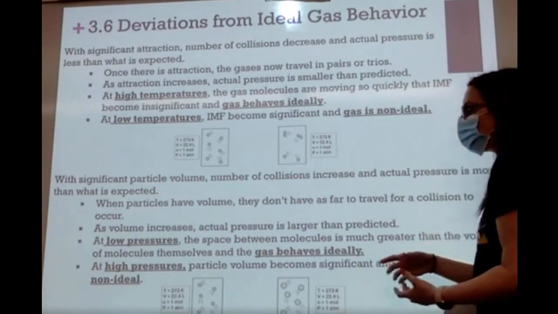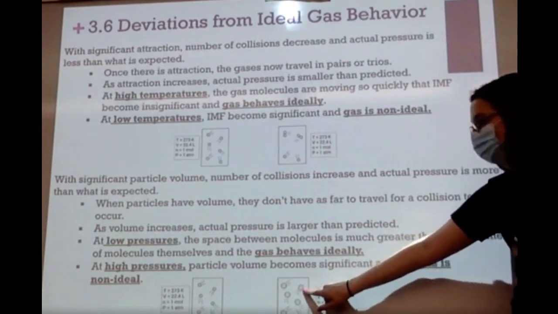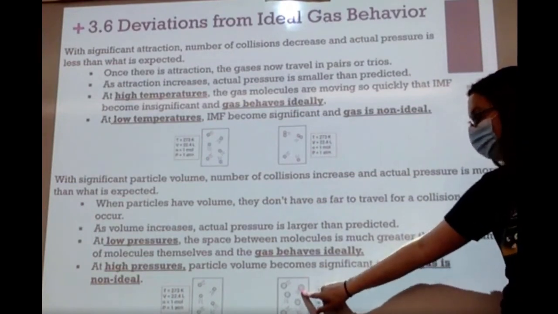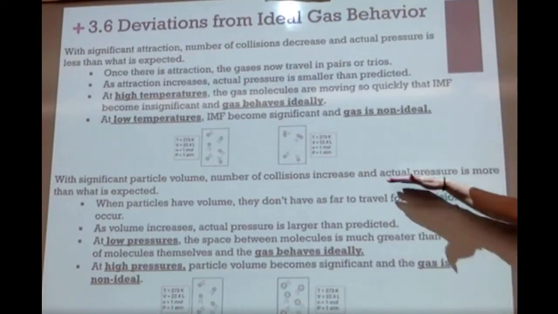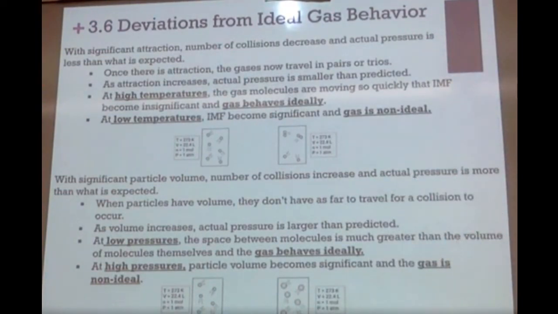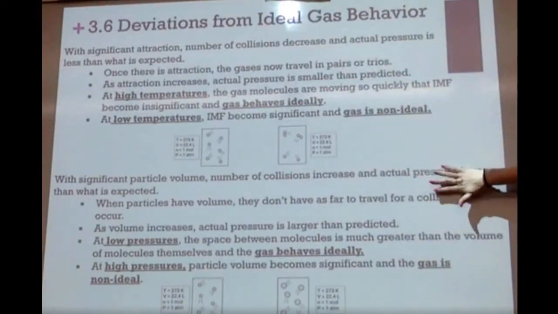Our number of collisions actually increases because now the particles are bigger, so they're colliding with the walls of the container and they're colliding with each other more. Actual pressure ends up being higher than what is expected. So if pressure is lower, that's due to attraction. If pressure is higher than what is expected, that's because of particle volume.